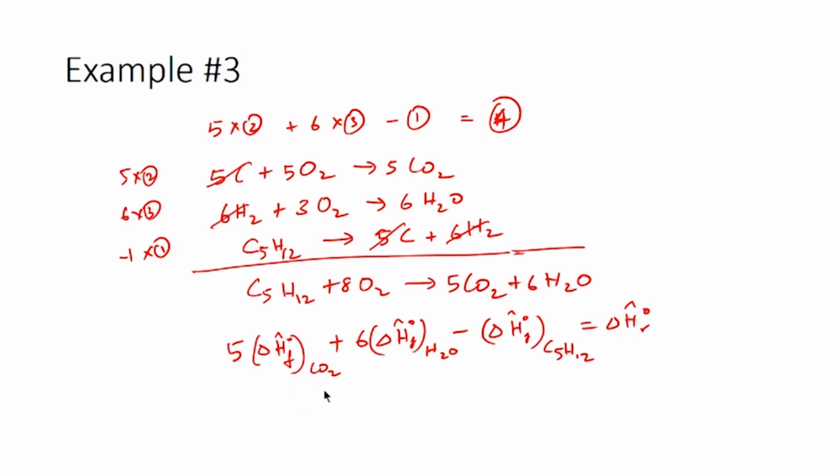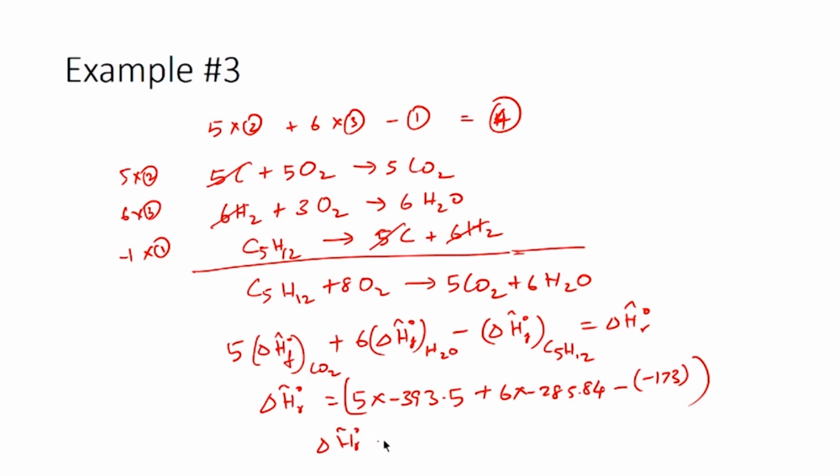So, knowing the heat of formation for carbon dioxide and water, we will plug them here. This can be obtained from your textbook or from any reference book. This would be 5 times minus 393.5 plus 6 times minus 285.84 minus of minus 173, and this value, delta H R, is equal to minus 3509 kilojoules per mole.